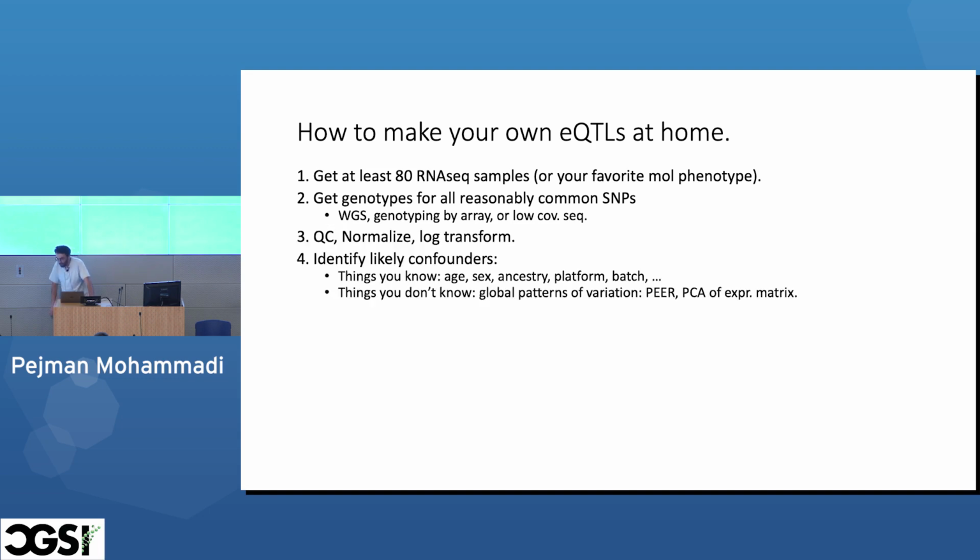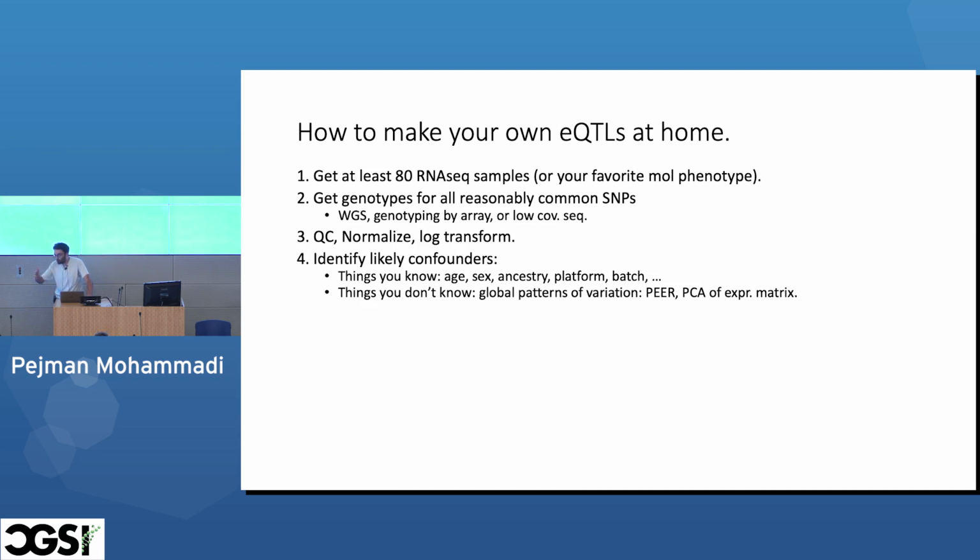Then you would want to QC, normalize and log transform your data, just to get rid of super outliers. Then you would want to identify the confounders that you have, because gene expression is mainly driven by all these other things that you're not interested in, not genetics, and that's how it should be.